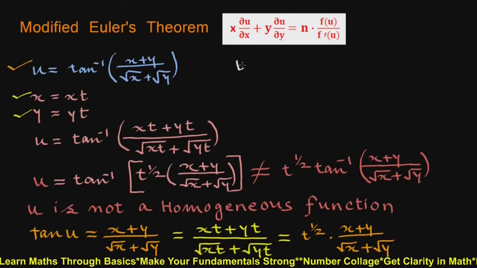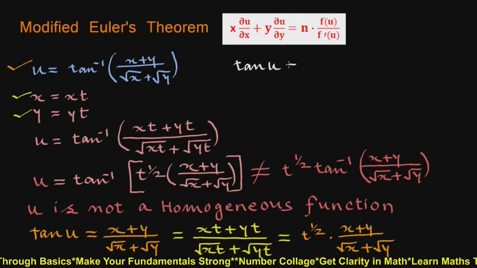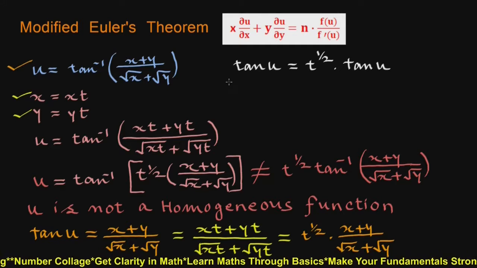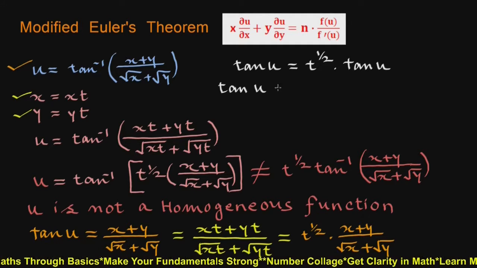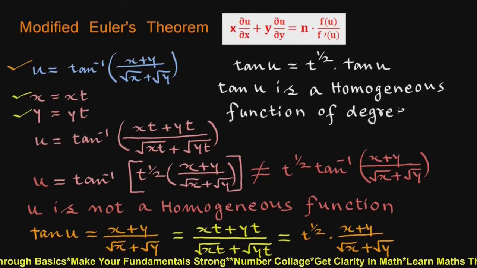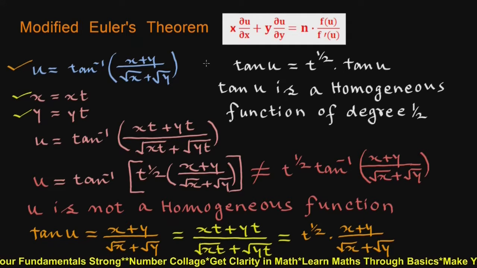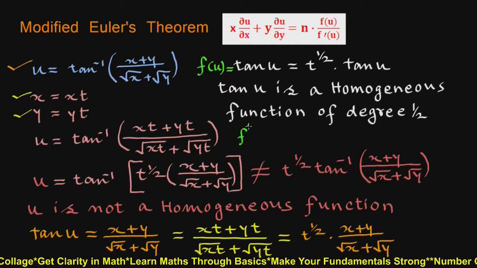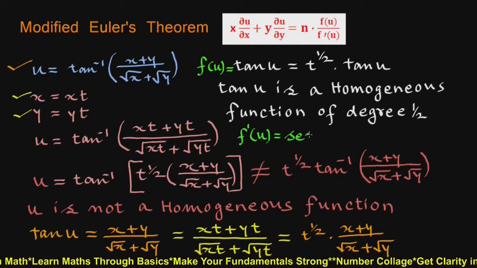So here we can write tan u as t raised to half times tan u. This shows that tan u is a homogeneous function of degree half, and if we write tan u as f(u), then f dash u will be sec square u.